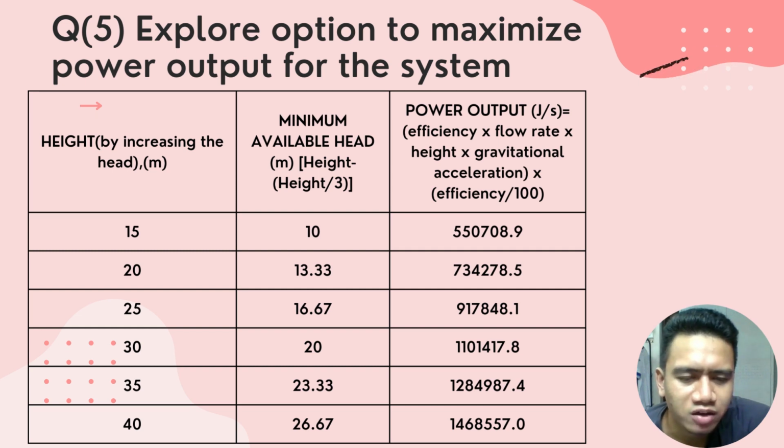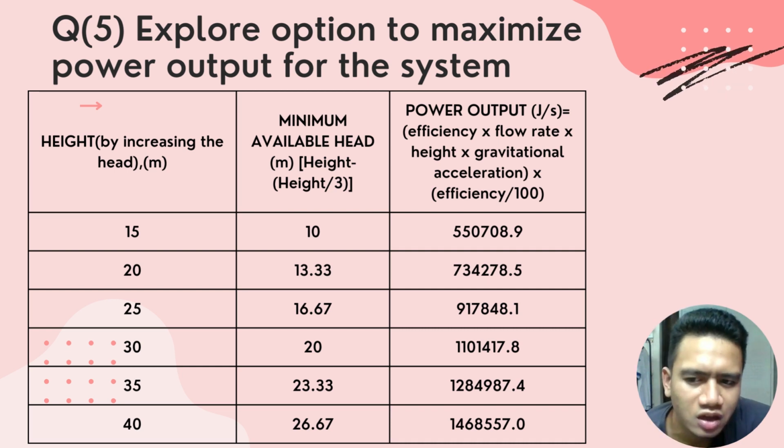By increasing the head by 5 meter per year, this is the minimum available head, and the power output we can find by flow rate times height times gravitational acceleration times efficiency over 100, and we will get the answer based on the height increases. Thank you. And the next slide is the graph for the power output versus minimum available head. That's all from me.